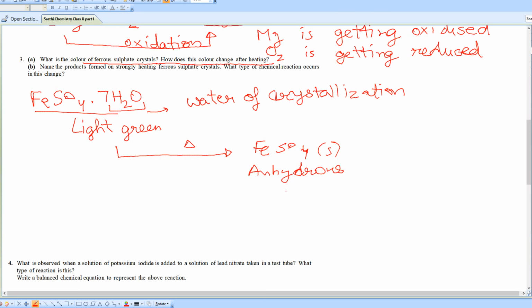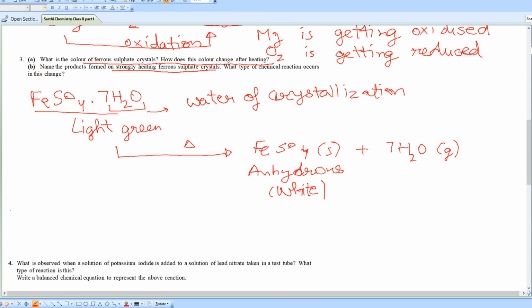So these are anhydrous ferrous sulfate crystals which are white, plus 7 water molecules are lost. Now the second part of the question says name the products formed on strongly heating ferrous sulfate crystals.